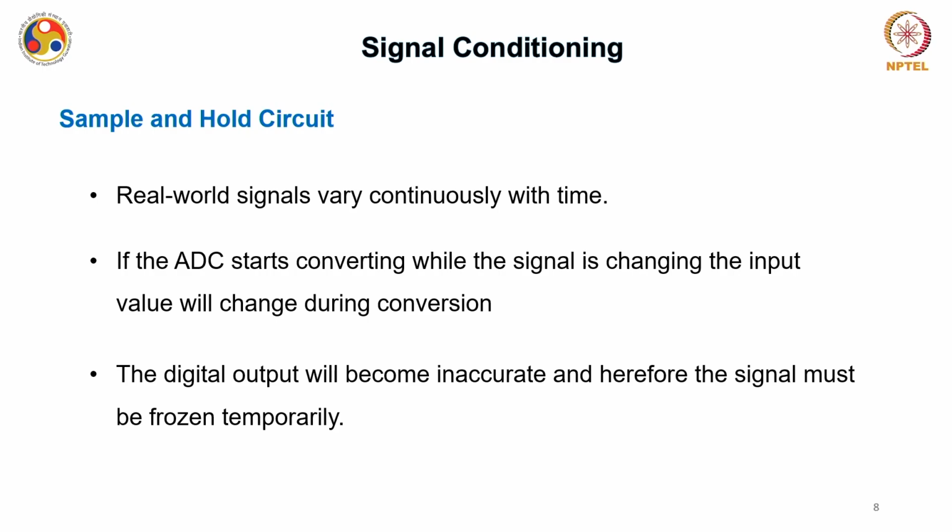As I have just mentioned, real world signals vary continuously in time, or they are analog signals. Now if the ADC starts converting while the signal is changing at the input, the digital value will be inaccurate and therefore the signal must be frozen temporarily. Now consider the same example. I have a pressure sensor or pressure transducer.